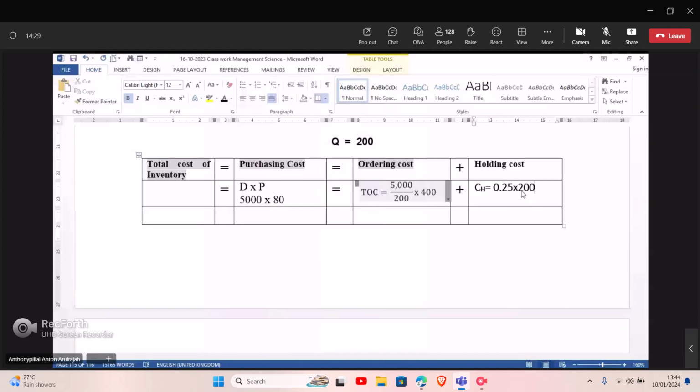This is 5,000 into 80. This is about 4 lakhs. This is D divided by Q, 5,000 divided by 200 into 400. It is about 10,000.